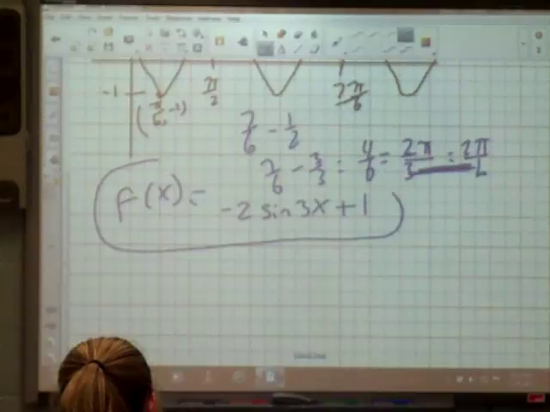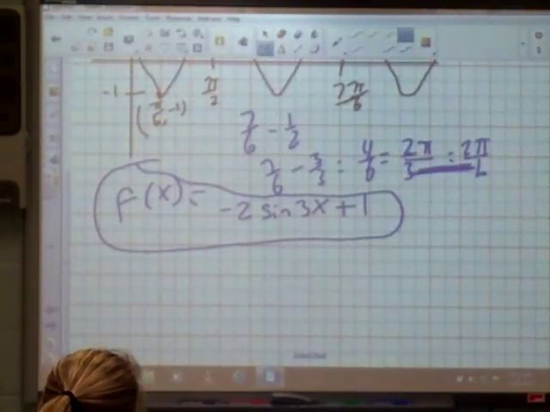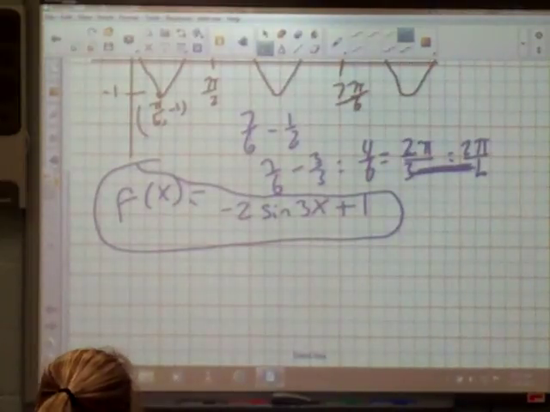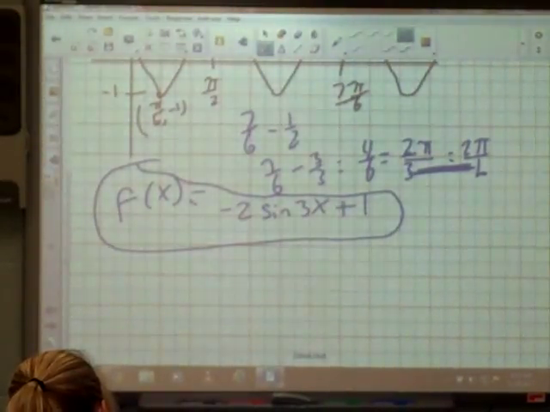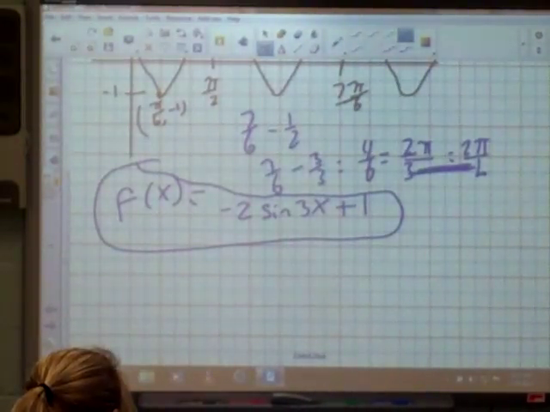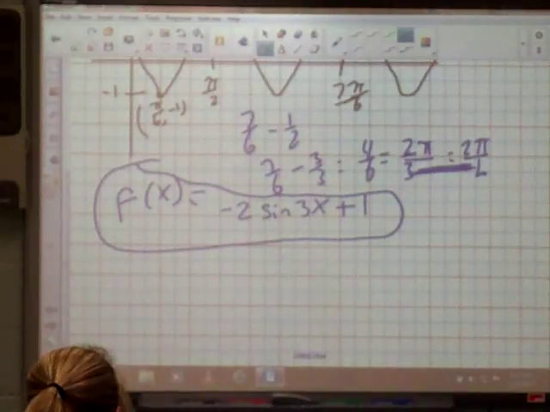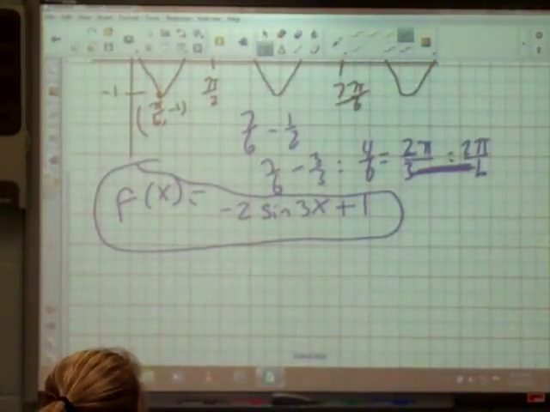That's it. So it doesn't matter that they didn't tell you where that other thing was, as long as you can get one cycle out of it.